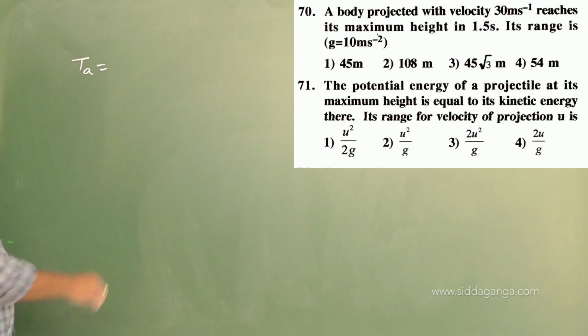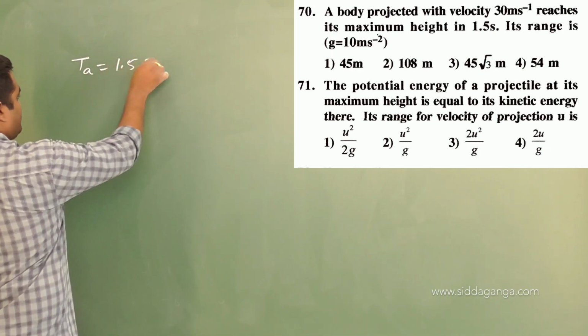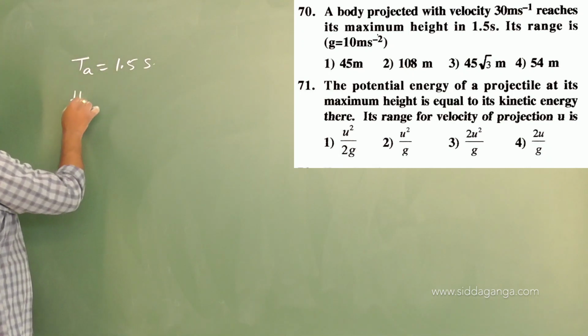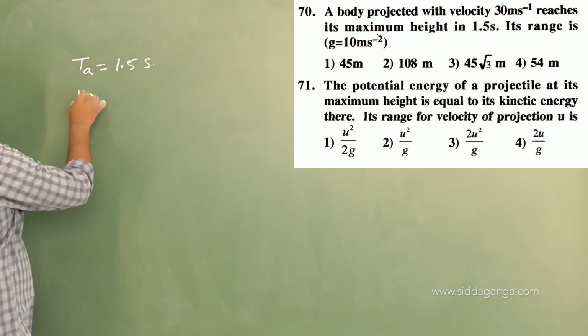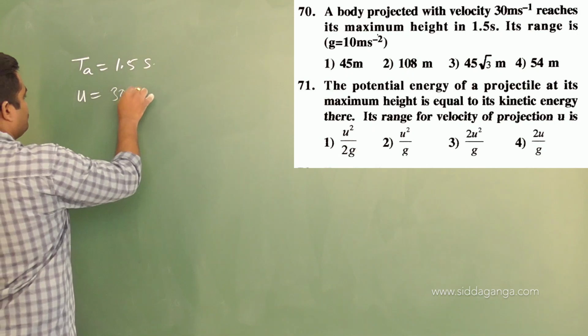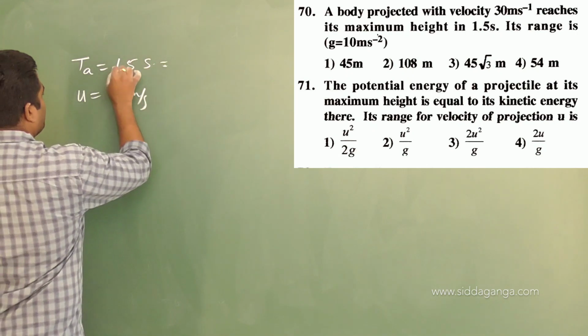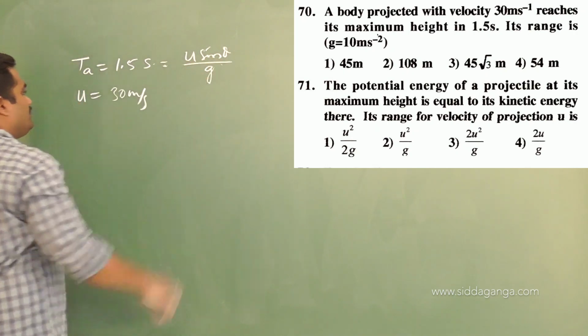Time of ascent they have given. Time of ascent is 1.5 seconds. And the initial velocity is 30 meters per second. These two they have given. Actually, time of ascent is u sin theta by g.